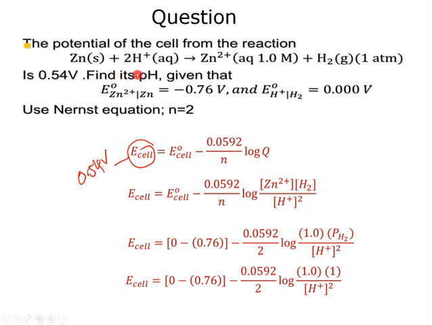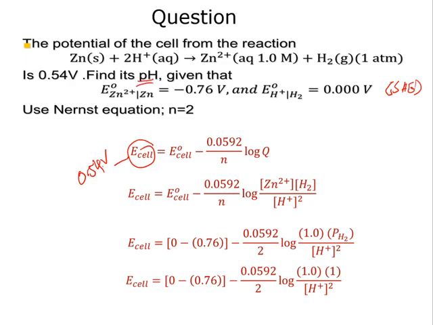Find its pH given that the cell potential of zinc is minus 0.76. We've already established that. And the cell potential of hydrogen is 0.0. So this hydrogen is the SHE, meaning the standard hydrogen electrode. So now, how do we solve for the pH of this solution?